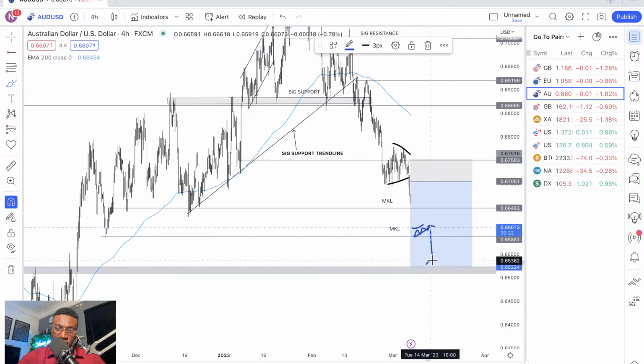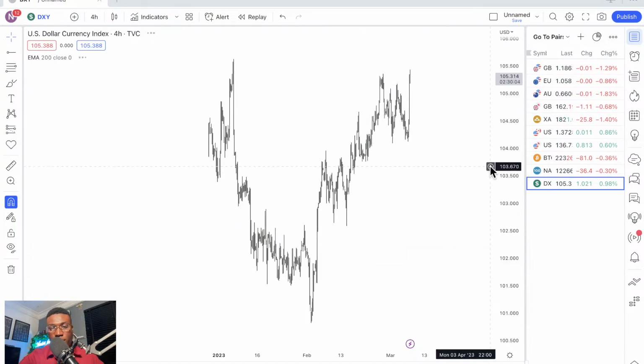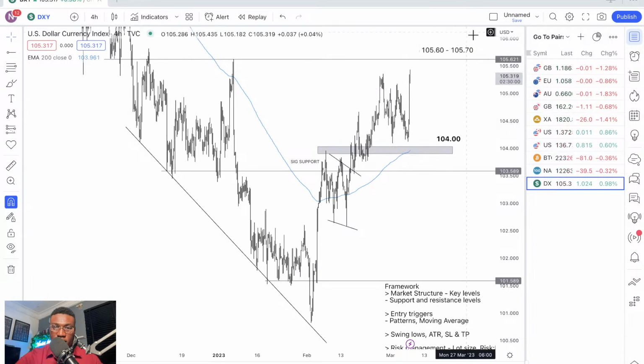This is an area where I'll be more comfortable to start looking for buy opportunities on the Aussie dollar market. Yeah, 105.6.